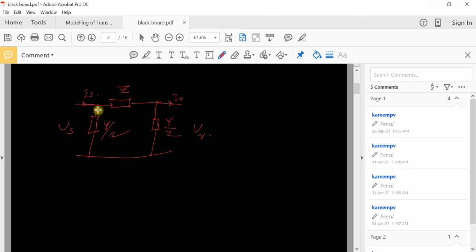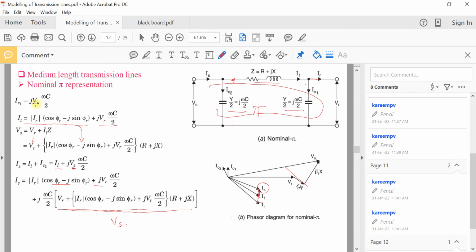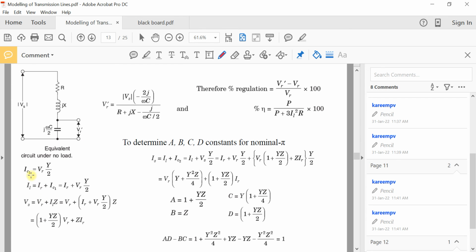Sending end voltage, say let this be IC2, let this be IC1. So from here you can see that IC1 will be equal to, the voltage across this capacitor is VR. VR into its admittance, Y by 2, will give you IC1. So IC1 is equal to VR into Y by 2. That is the expression we are getting here. And IL is equal to IR plus IC1.